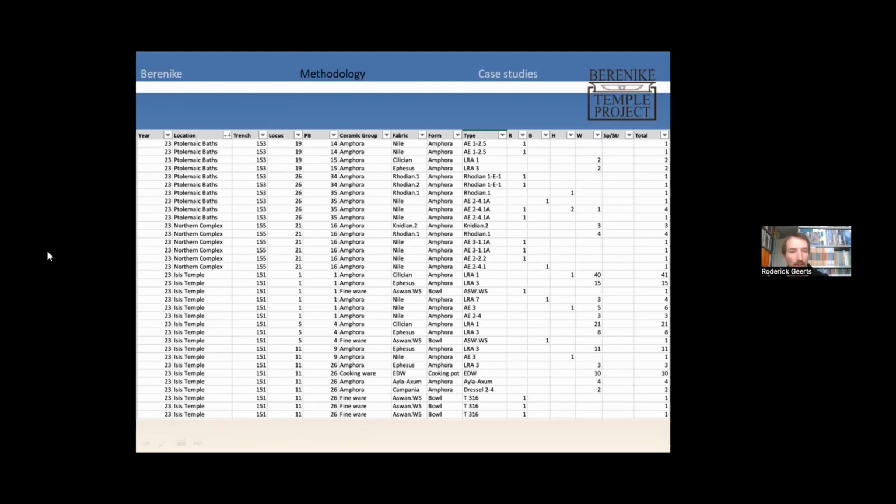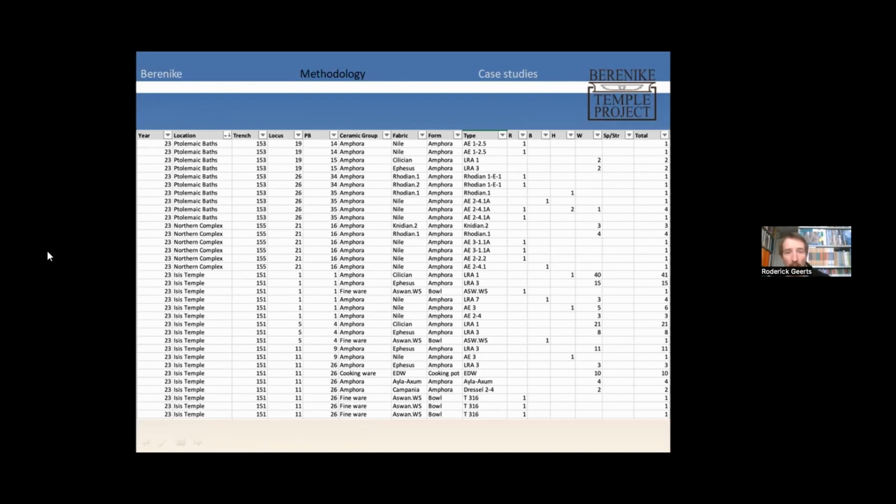So those broad locations that were shown on the map earlier, like the Ptolemaic Baths, Northern Complex, Isis Temple. Then more detailed information: trenches, loci, and pottery bags or find numbers. And then, of course, the four levels of analysis that I just mentioned. So the pottery groups, fabrics, forms, and types are available.